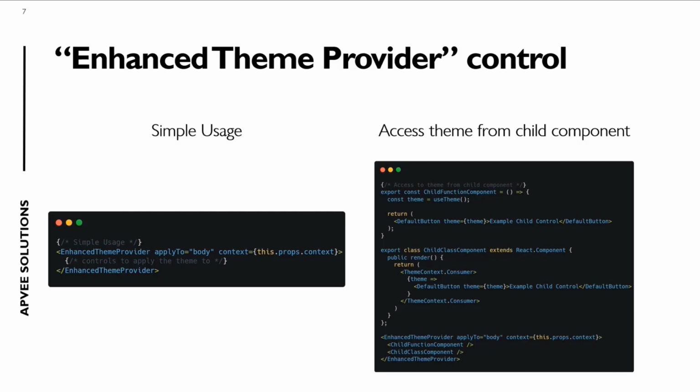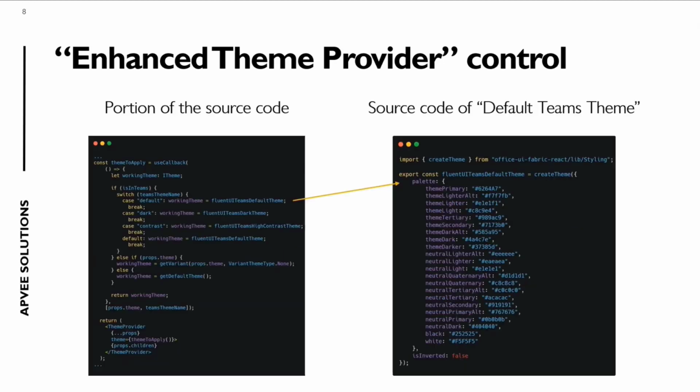In the same way, you are able to use it inside the enhanced theme provider, and then you have the ability to take the theme and apply it to your own custom component or read values from colors or something like that. In which way is this control implemented?